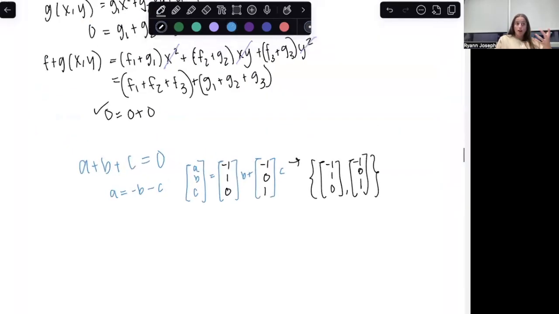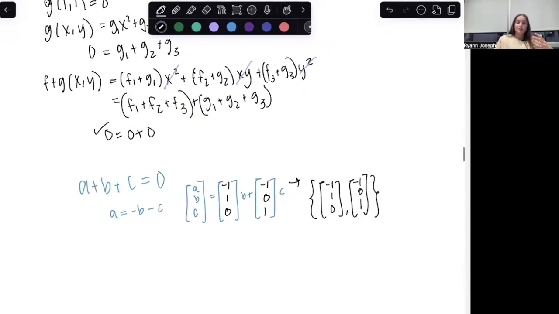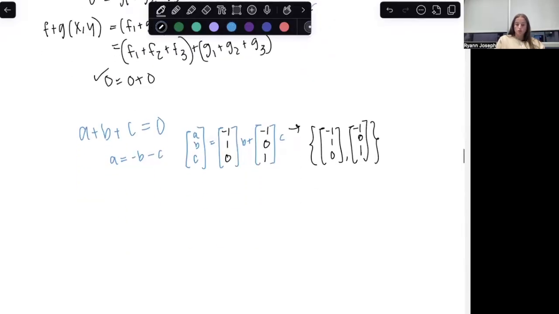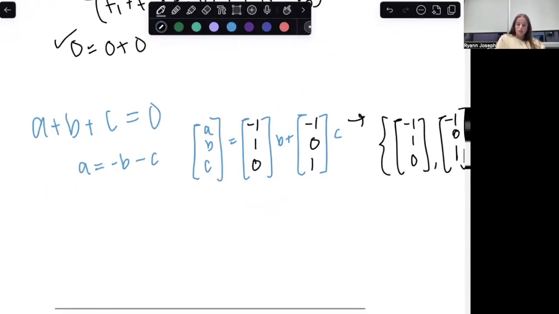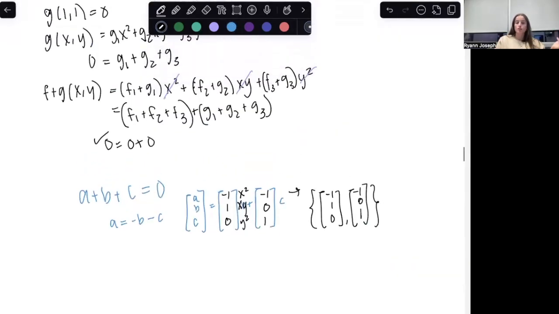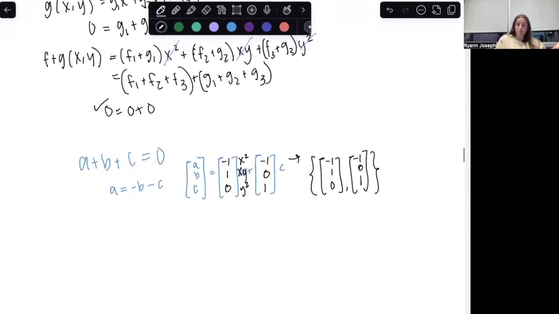This is like a vector, but we need it to be polynomials. So in this case, this is x squared, xy, and y squared, because essentially we're using vectors here to help index our polynomials, because it's kind of hard to do all this. Vectors are helpful tools, like matrices.